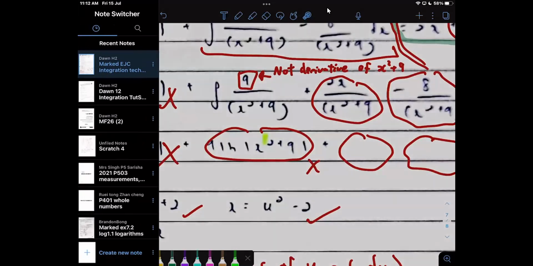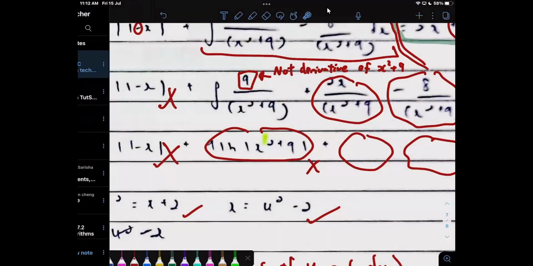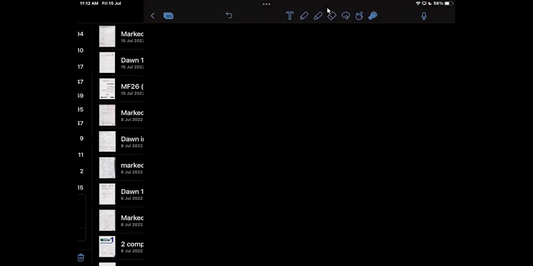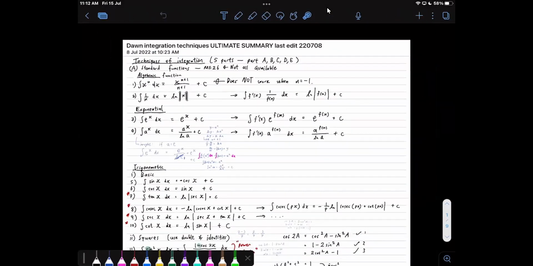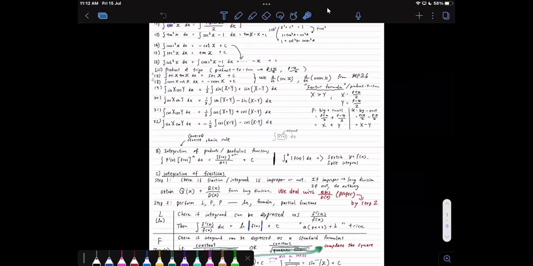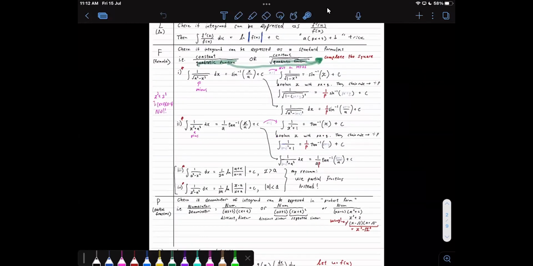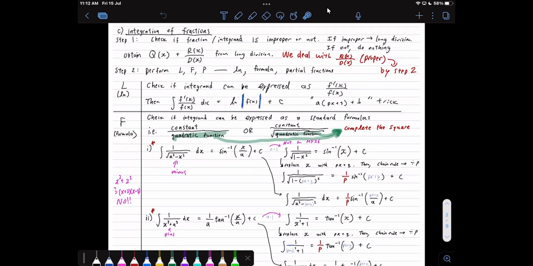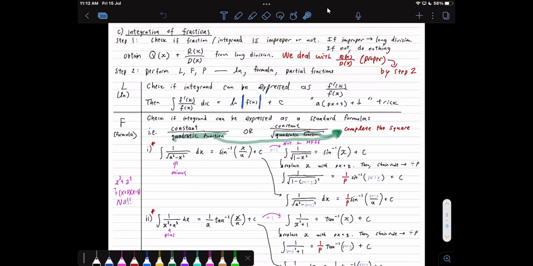Quadratic denominator, go back to the ultimate summary. Quadratic denominator, what do you need to do? Complete the square. No. Integration of a fraction. Okay, yes, actually, but you should look at the F in the LFP. It's a fraction already, so you need to first check is it proper or not.